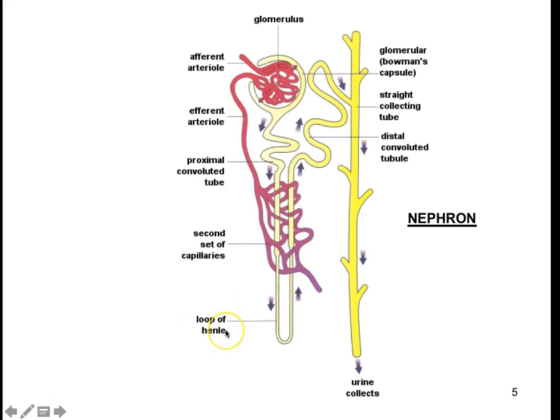Again, Henle is a person who discovered it. And then, as you can tell, it's getting more yellow. Now you're going to have it come up to the distal convoluted tubules because they are far away from the cup.